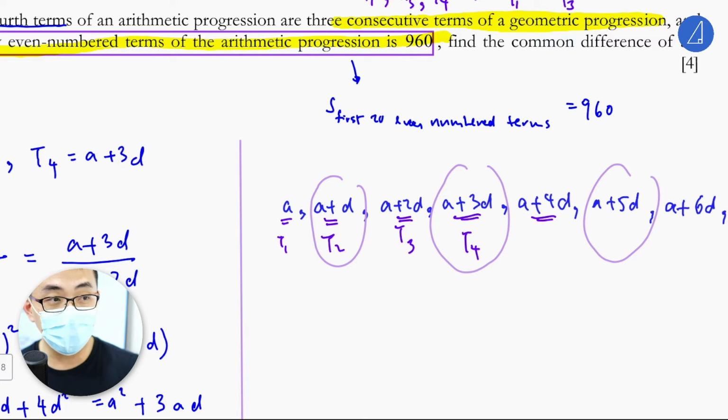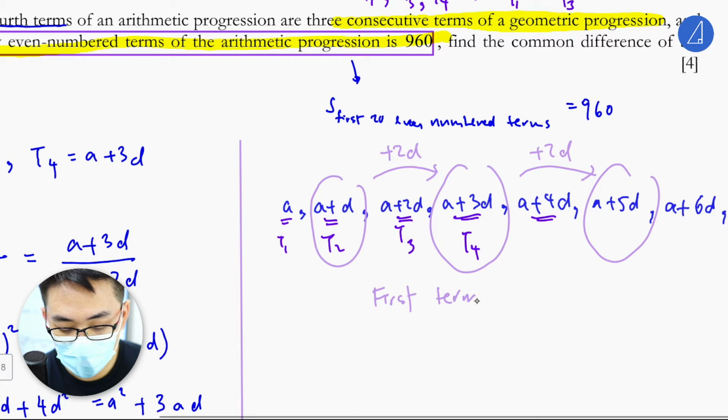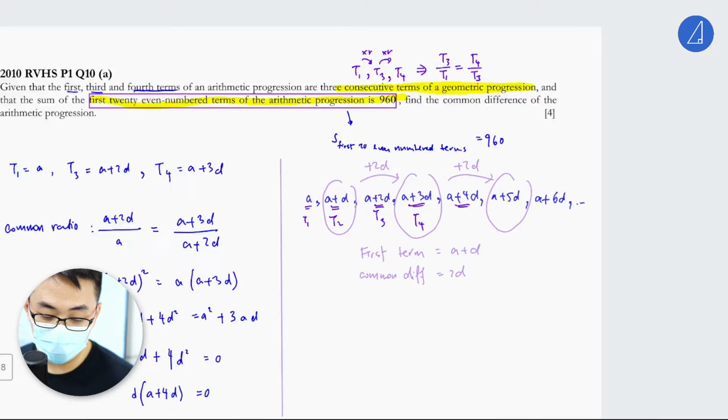So for example, if you take a fixed interval of even numbered terms from a GP, it will still be a GP. You take from an AP, it will still be an AP. Just that the first term will be a bit different now. So this will be plus 2D common difference, right? So now the first term is A plus D. The common difference is 2D. This is very important.